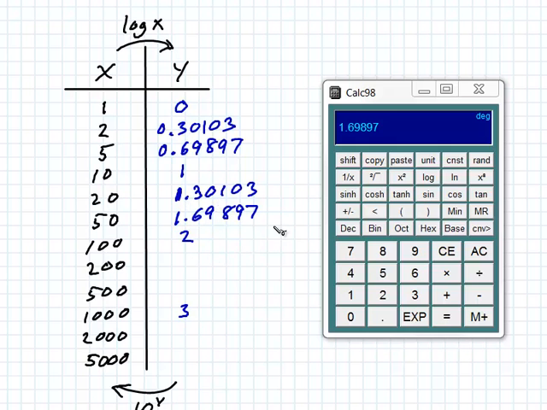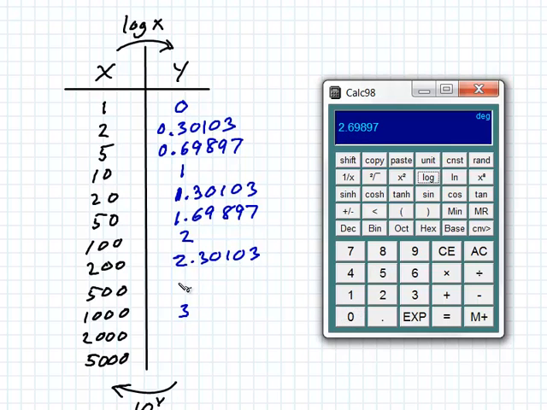What about 200? 2.30103. How about 500? 2.69897.